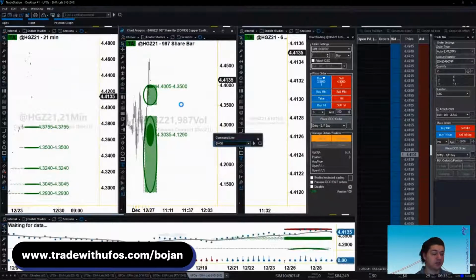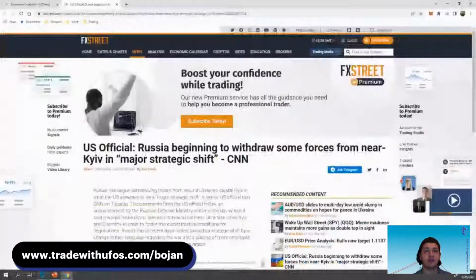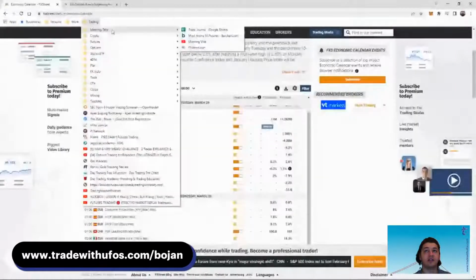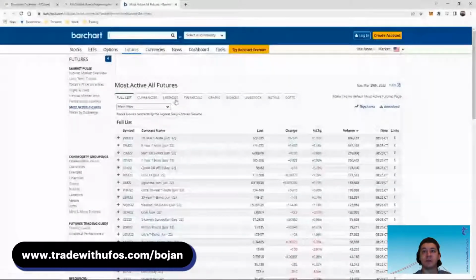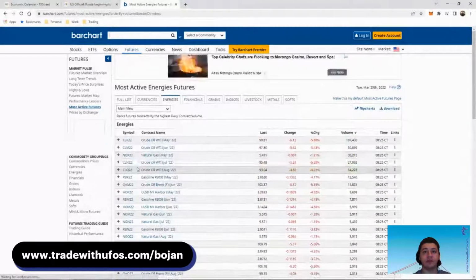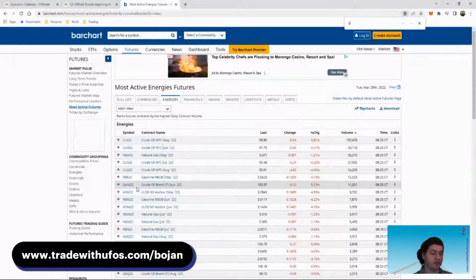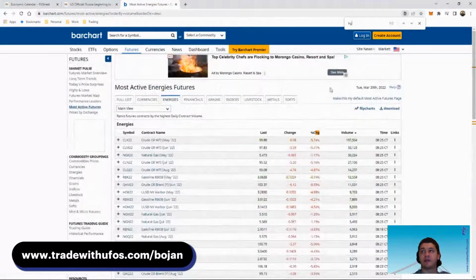Actually, let's see. Heating gas might be on the K, but let's just double check. Where is heating gas on? Energies. Okay. Natural gas. Where's heating gas? HG. Nope, not what I'm looking for.